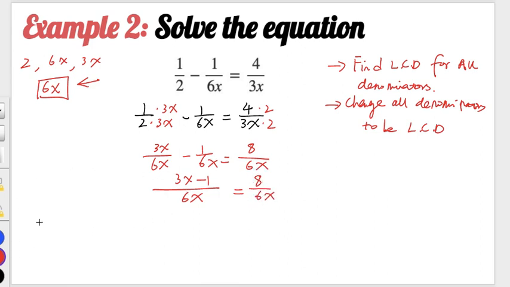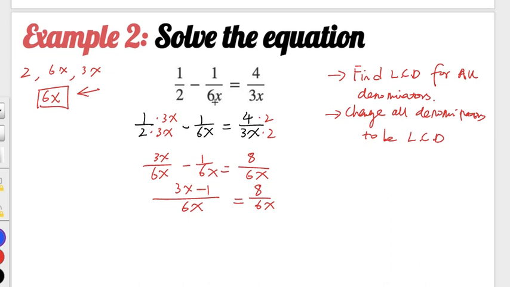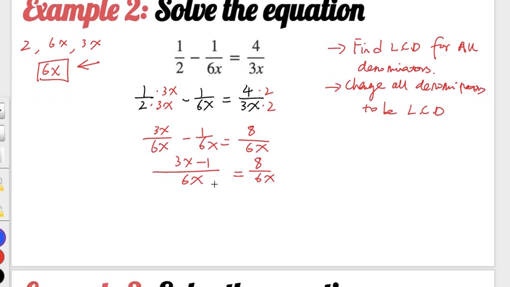Next, I'm going to, as we did in the past, do it like this. Remember, when we have the same denominator, they both have 6x, but we do not like fractions. So let's multiply them, and it's gone. So now it's 3x minus 1 equals 8.